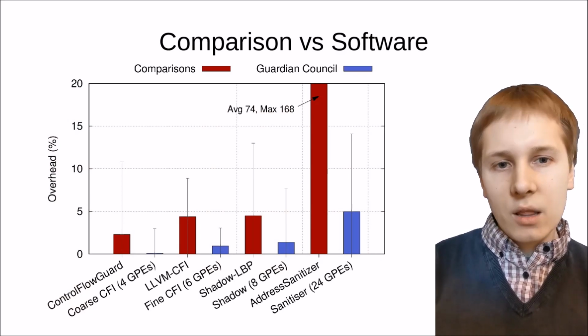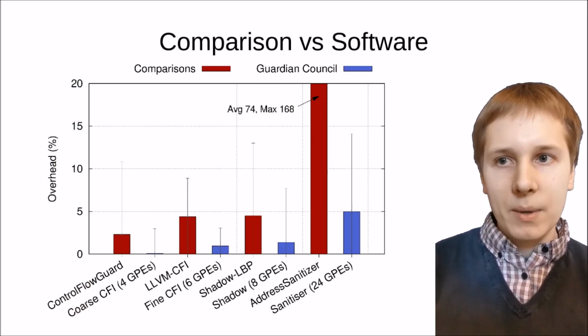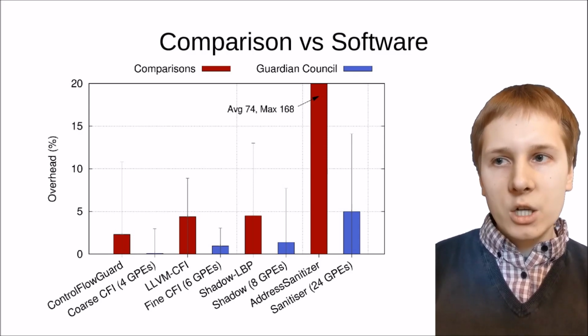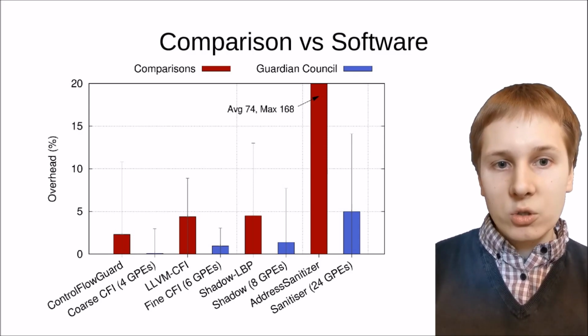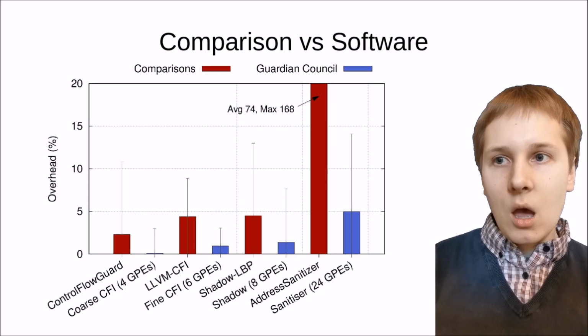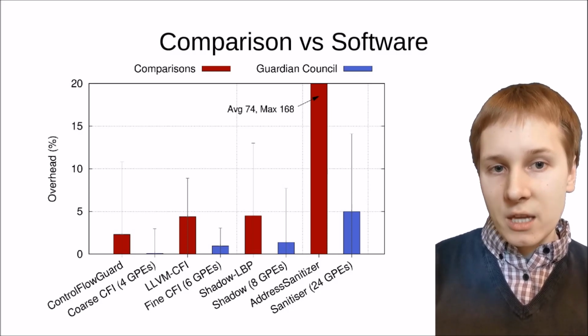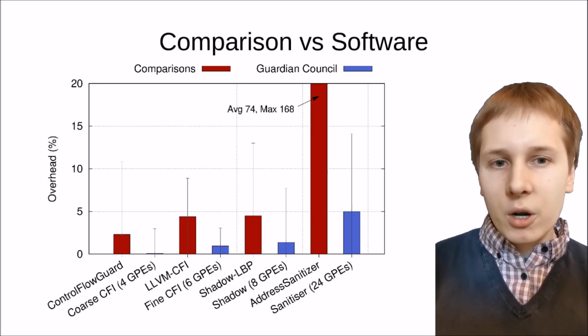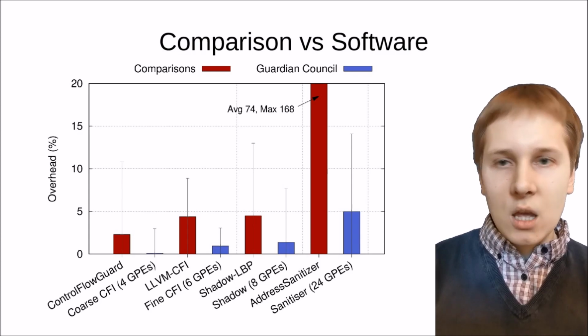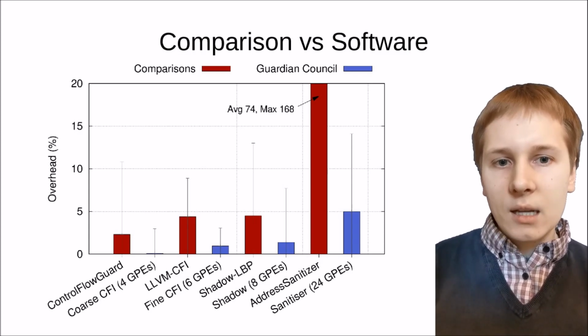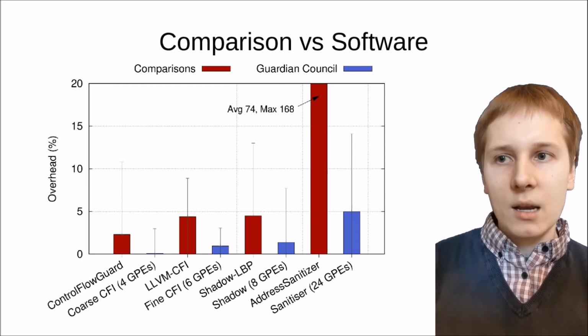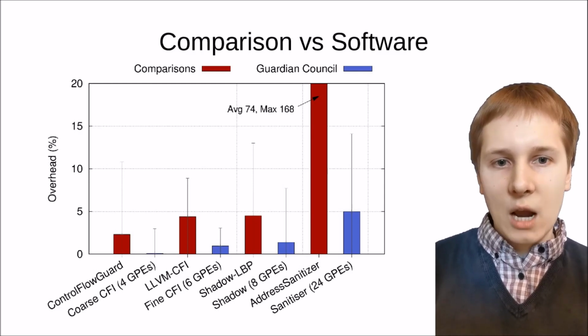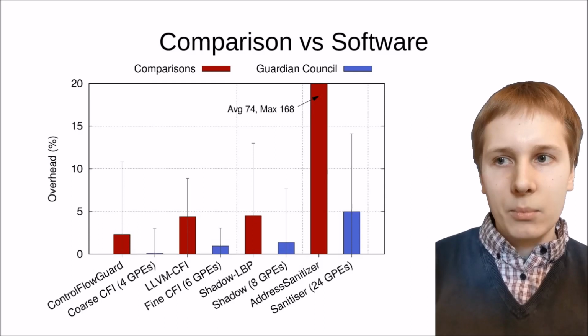And in fact, the overheads of our hardware setup in general are much lower than they are in traditional CPU software-based frameworks. We have a series of things in this comparison graph, different control flow integrity techniques, the shadow stack technique we just talked about, a sanitizing technique based on address sanitizer, which is used to check for buffer overflows, for example.